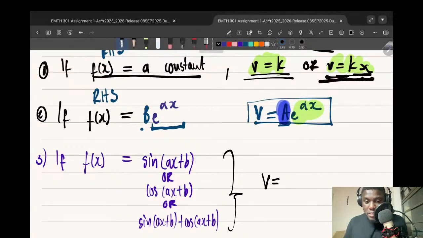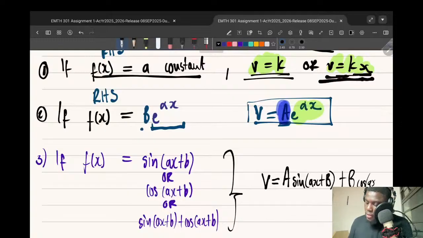You have a sine ax plus b, and you have a cos ax plus b. You bring it back, but when you choose your v, you're going to bring back a sine and a cos together, and they should be adding. So it could be a sine ax plus b plus b cos ax plus b. Like that: A sine ax plus b cos ax plus b.